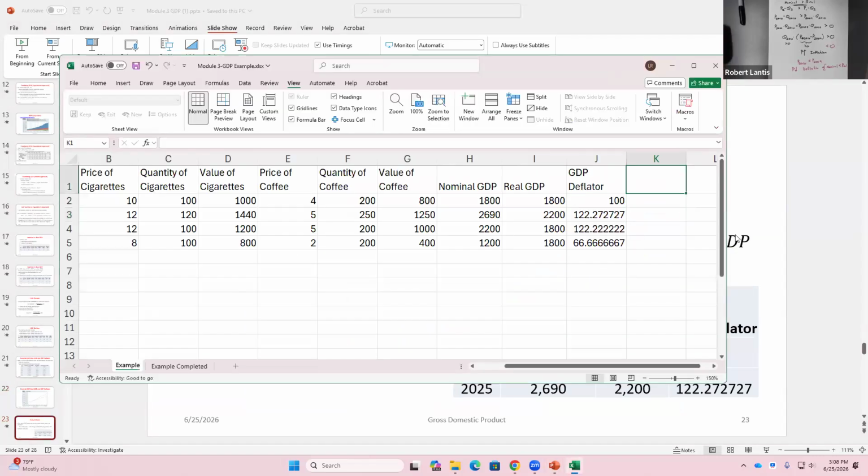I just want to point another thing out here, which is, let's assume I didn't give you real GDP, and I only gave you nominal GDP and the GDP deflator. So if I wanted to calculate real GDP, and I only had column H and column J, what would I do?